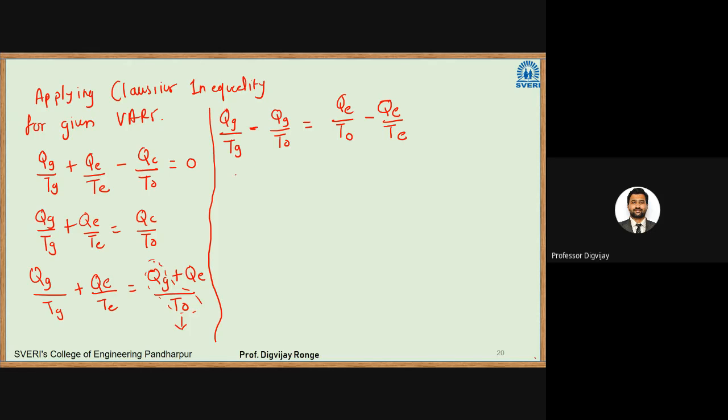Now I take Qg as common: Qg times 1 divided by Tg minus 1 divided by To equals, remember To is the temperature of the atmosphere. In this case, we assume that the temperature of the absorber and the condenser are the same, that is To. Here I take out the Qe: Qe times 1 divided by To minus 1 divided by Te.